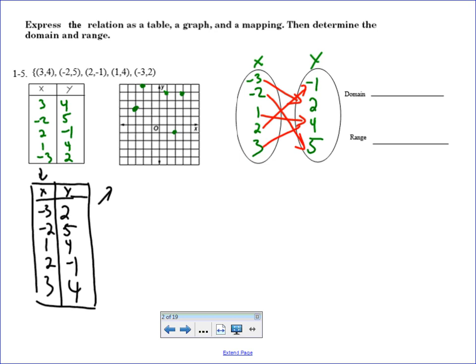And 3 maps onto 4. And then our domain here is, since there's just values, we would just list the x values as the domain. And we would list the y values as the range.